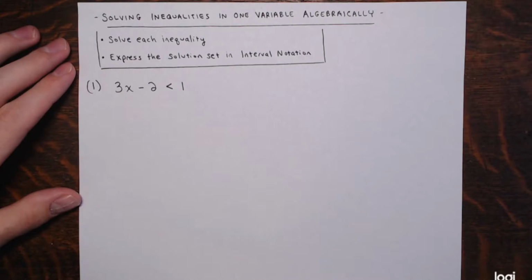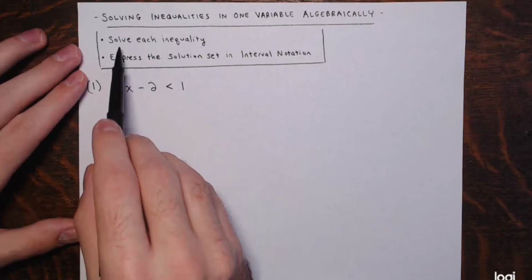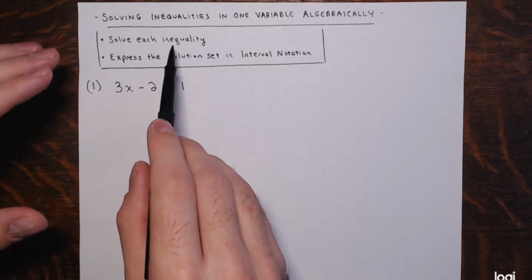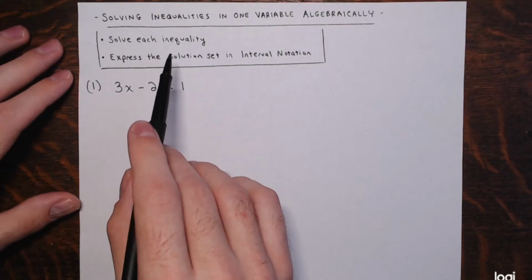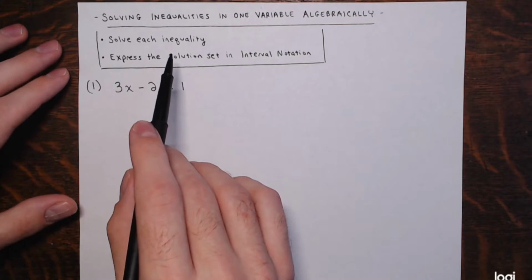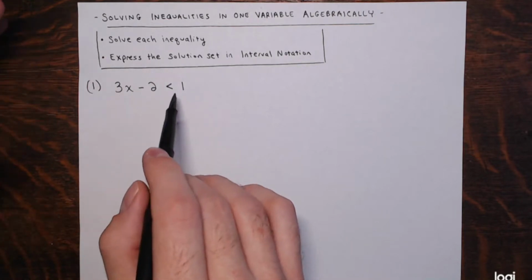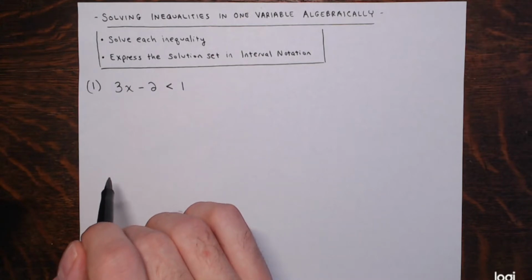Alright, now when you're asked to solve an equation or solve an inequality, you're basically just asked, what numbers can you replace the variable with and make a true statement? Right.